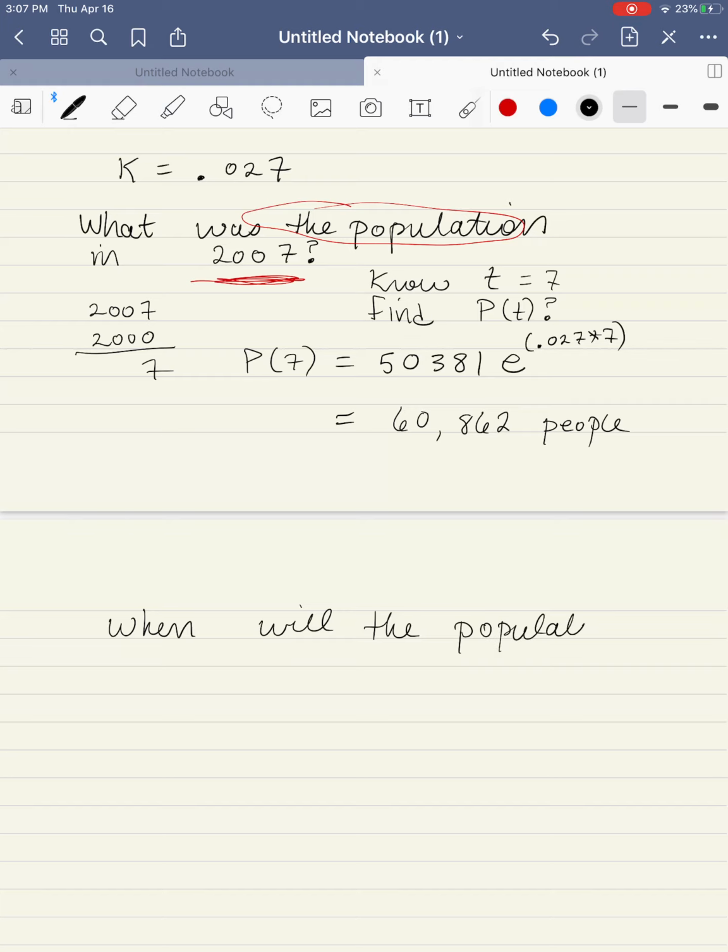And I want to know, when will the population reach 75,000 people? So on this one, we know we're still using our growth model that we had found earlier.